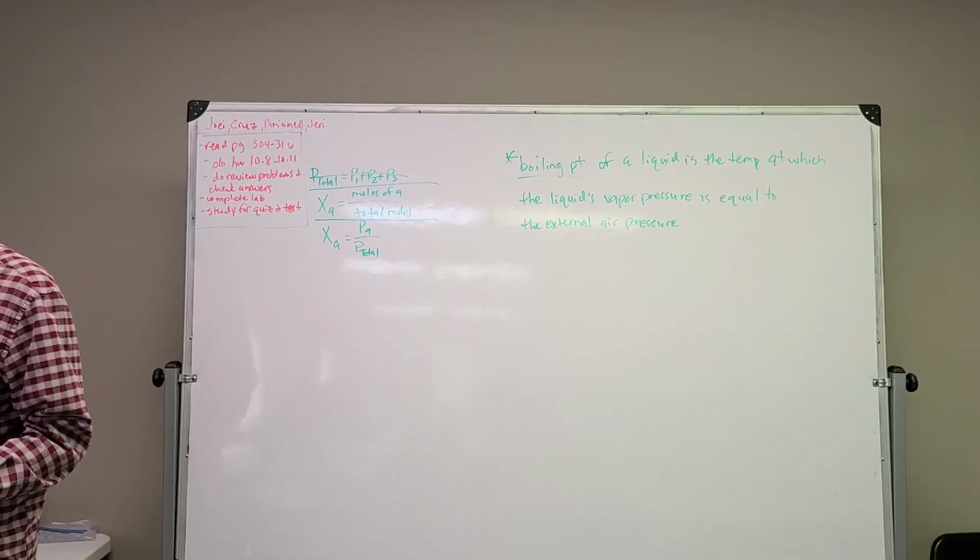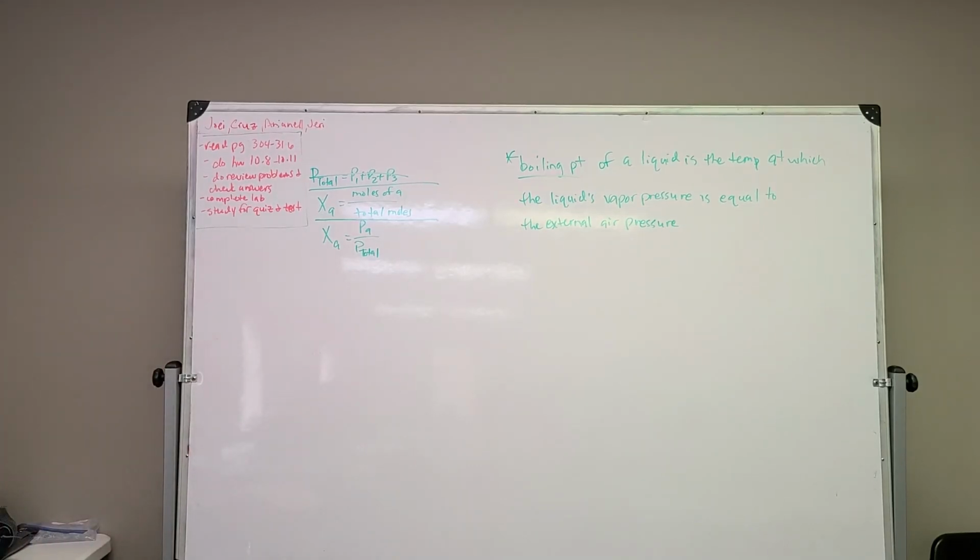So once the vapor pressure equals the external air pressure, that's when you start to see those bubbles forming and the liquid will begin to boil. And these bubbles will float to the top. They're going to form at the bottom and float to the top because the pressure inside the bubble equals the outside pressure, the external air pressure.